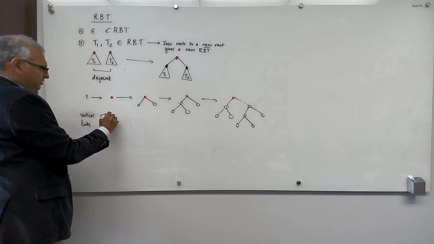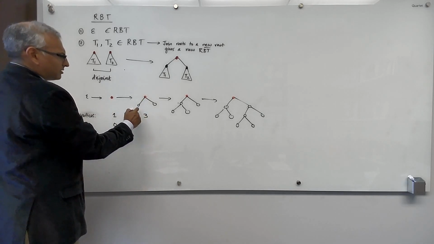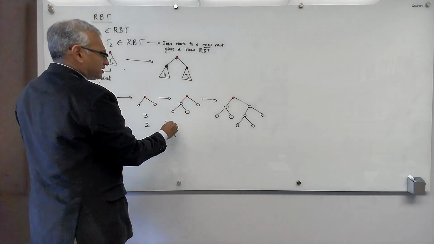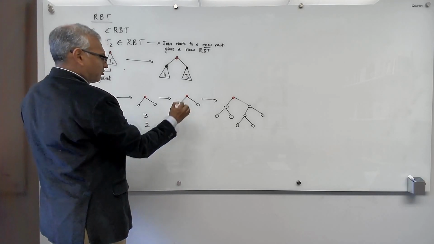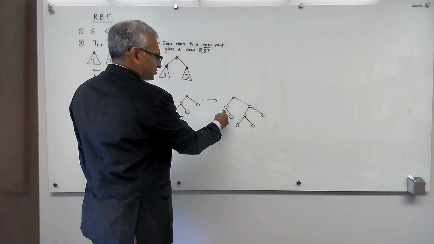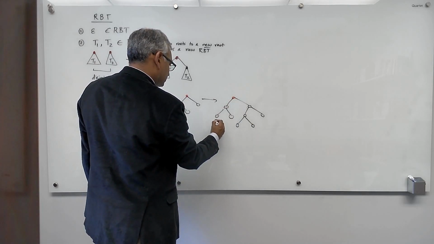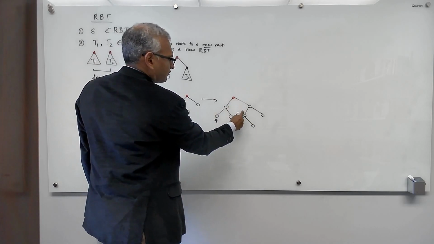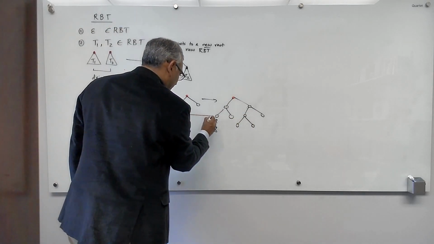Vertices here is 1, links 0. Vertices here is 3, links 2. Vertices here is 5, links 4. Vertices here is 9, links 8. Lots of nice tinkering.